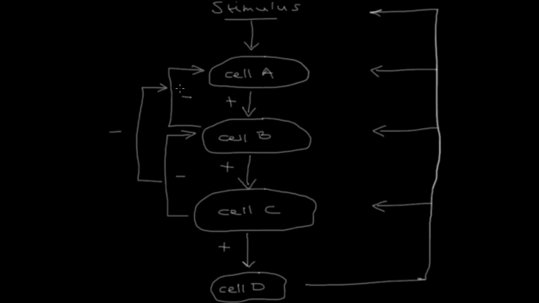And what happens when the stimulus is a fall in temperature is that cell A, which in this example is the hypothalamus, will release a hormone, thyroid releasing hormone.